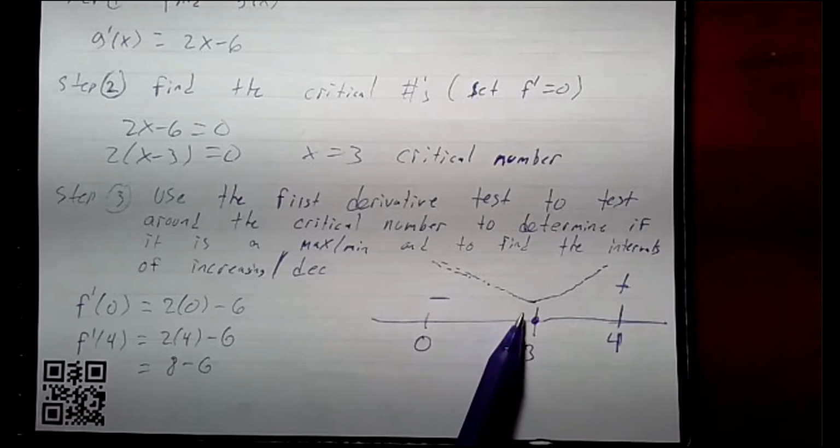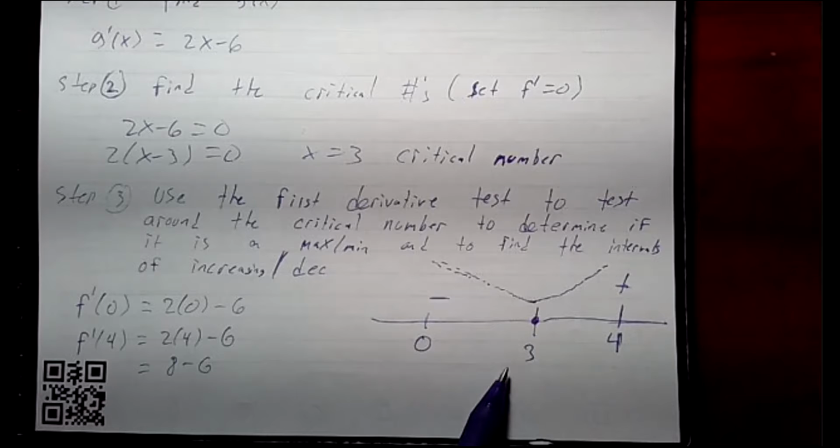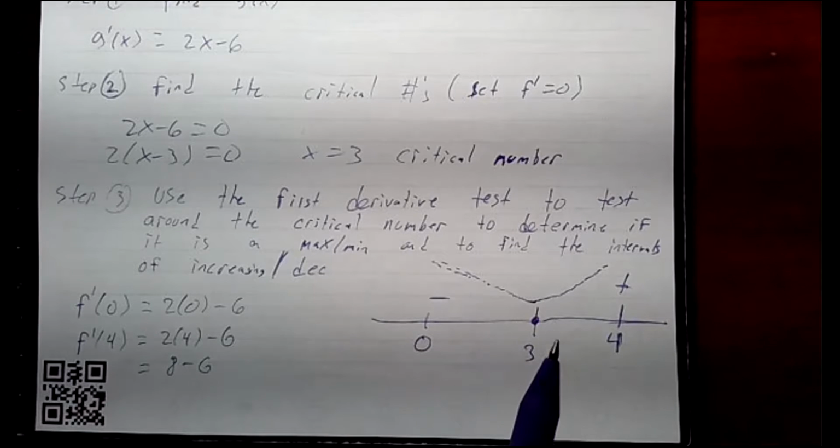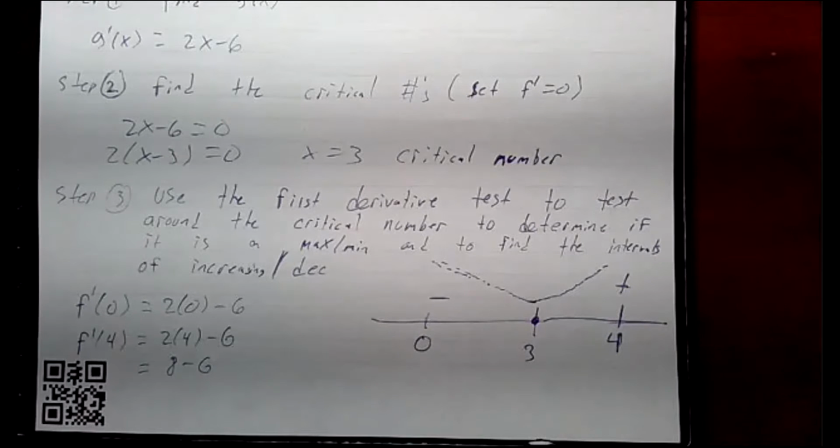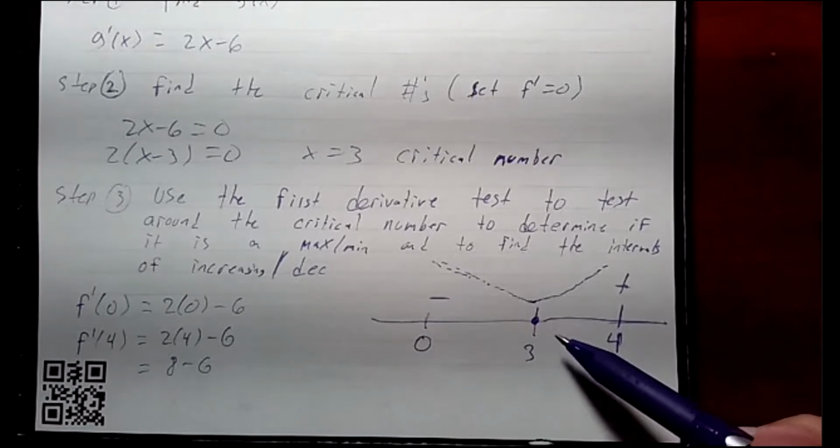I'm saying that if it decreases, how can 3 be a peak? It's not a peak. I mean, a critical number. Oh, so critical numbers aren't always at the peak, at the absolute minimum or absolute max? To answer your question, no, it's not always going to be at a peak or valley. This is a valley though.